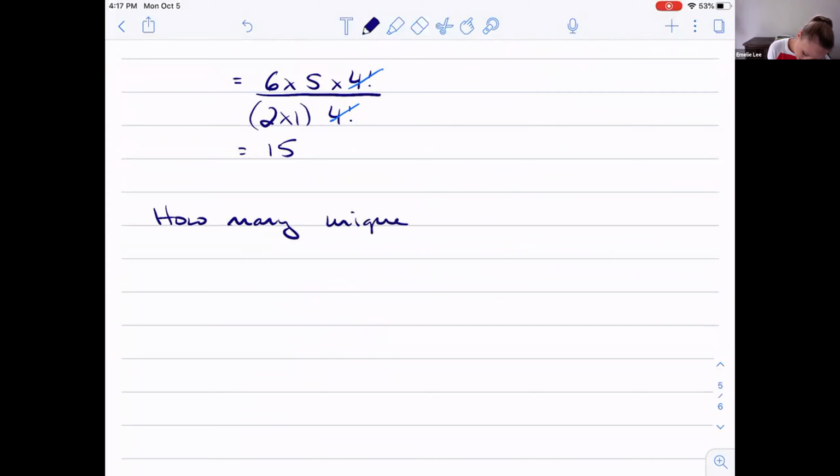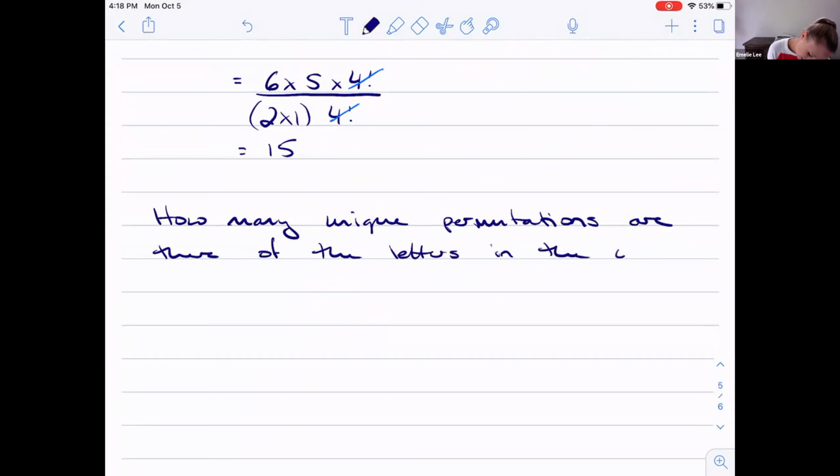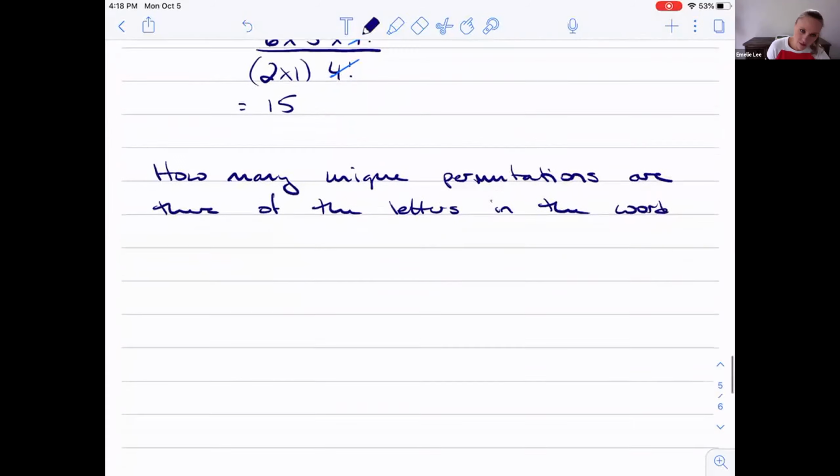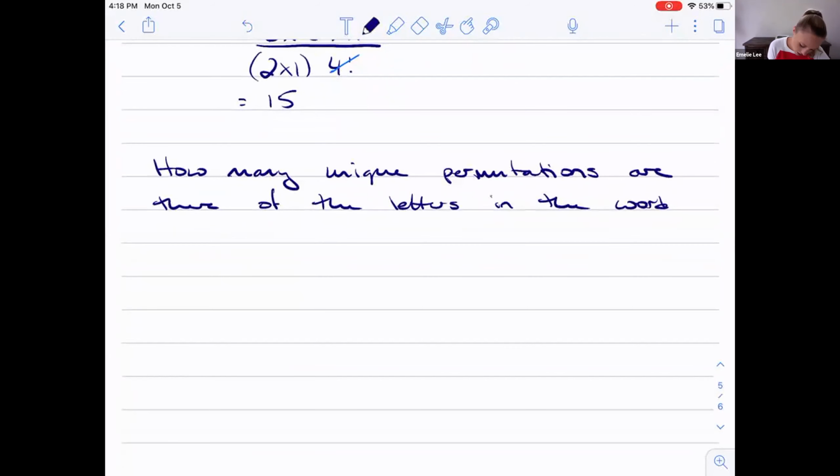How many unique permutations are there of the letters in the word, I'll be really cliche, autumn? This is the same problem.